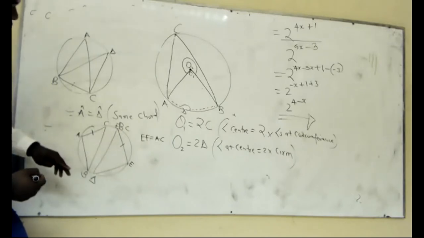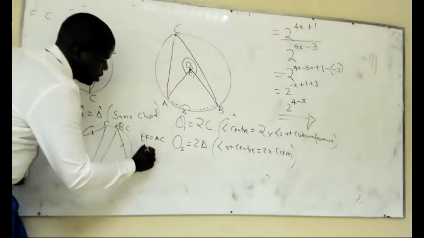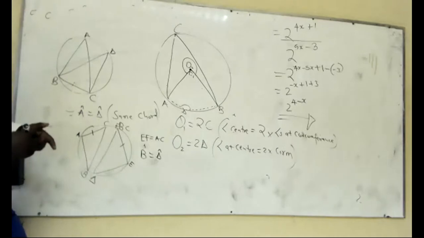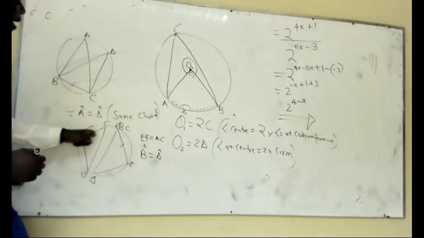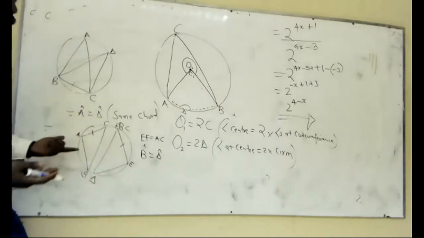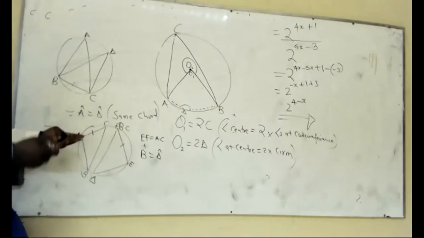Which angles are going to be equal in this case? B and D, yes. So B will be equal to D. The reason for these two angles to be equal is because they are subtended by the equal chord or by the same chord. These are called the same chords because they are equal in length.